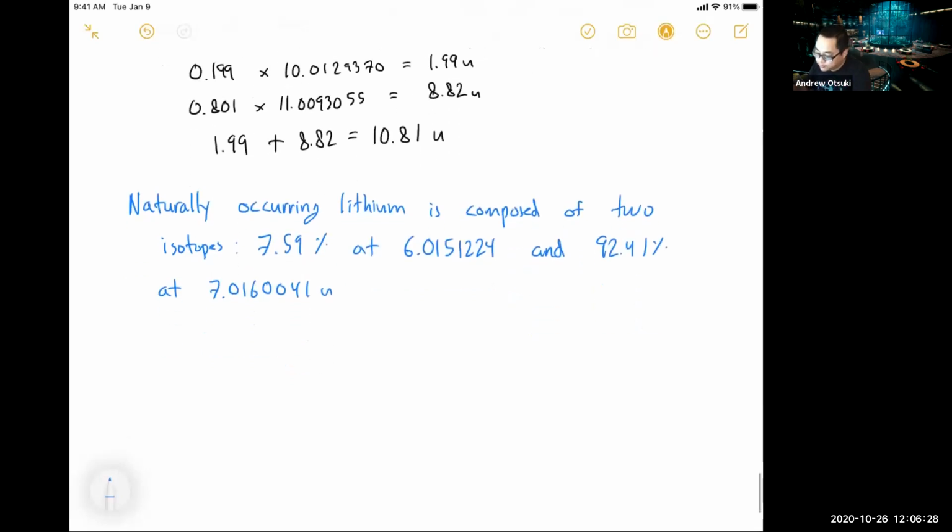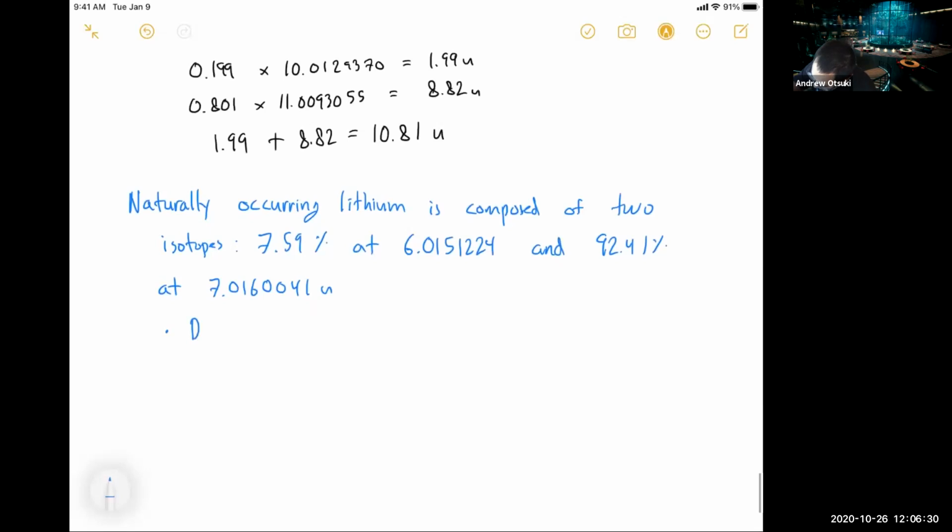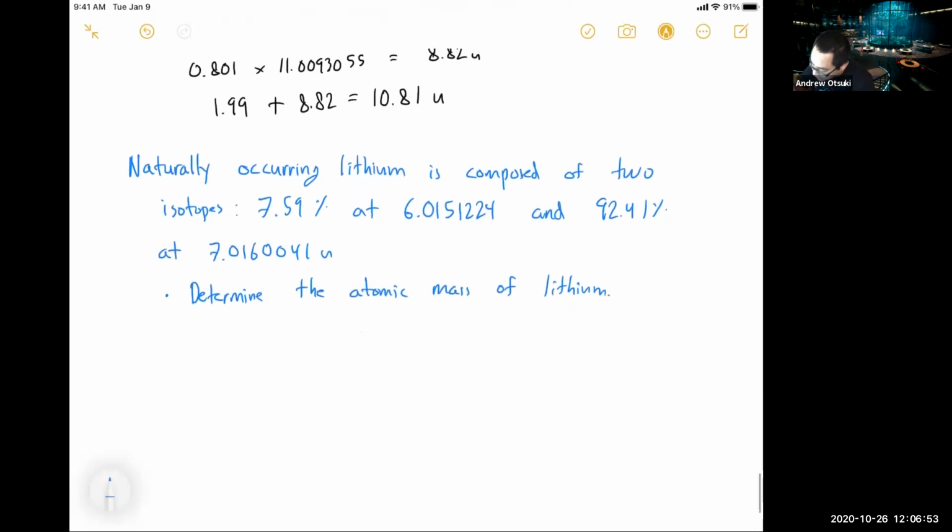So let's determine the atomic mass of lithium. What we do is we just do the same thing. We're going to multiply.